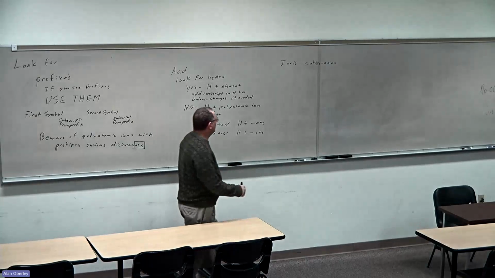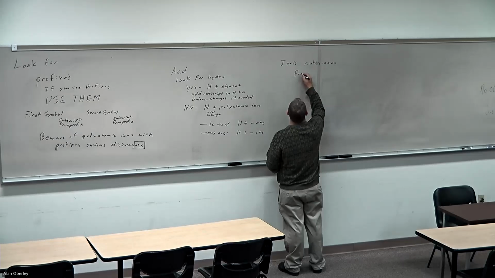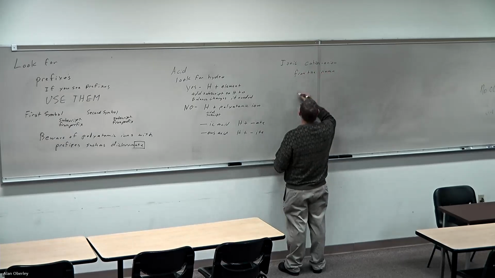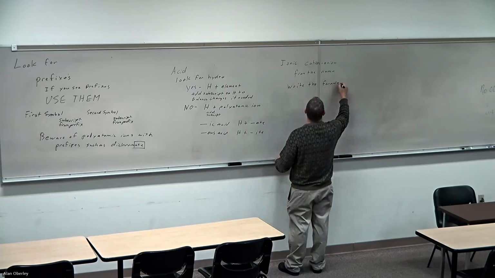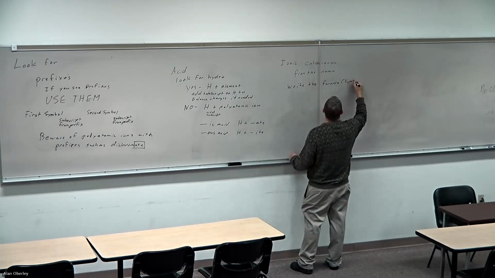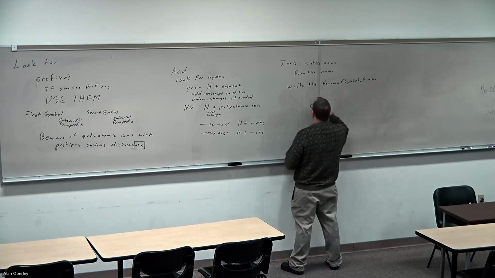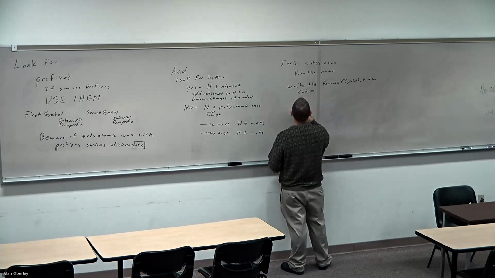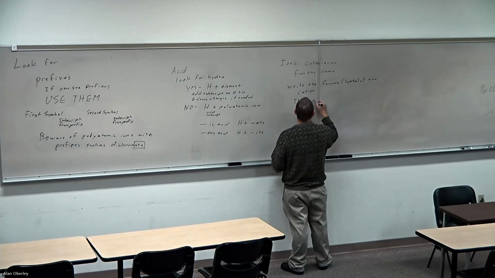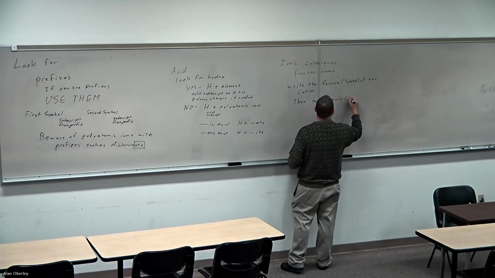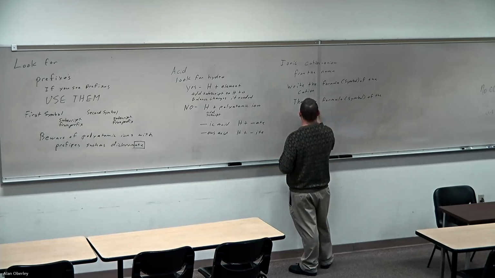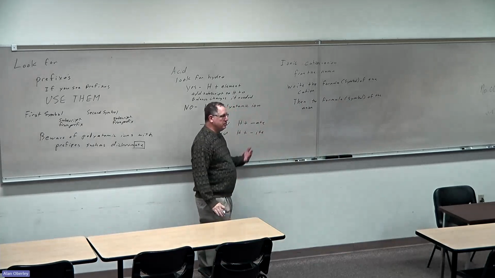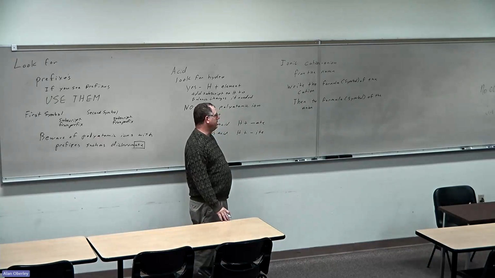So from the name, we're going to write the formula, which is the symbol for the cation, and then the formula or symbol of the anion.